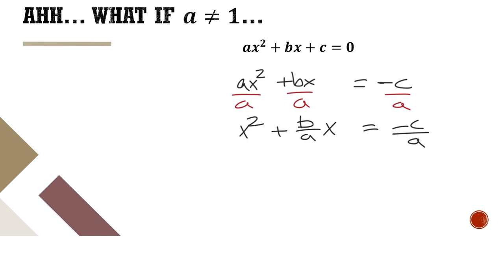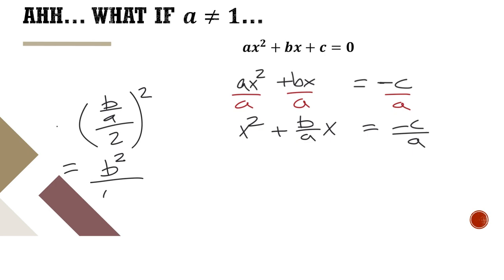Now, we will still add b divided by 2 squared to both sides. But in this case, our b is in fact b over a. So if we think about b over 2, it's a little trickier. It's going to be b over a, in this case, all over 2, and then we're going to square that, which, when we simplify this, we should get b squared all over 4a squared.